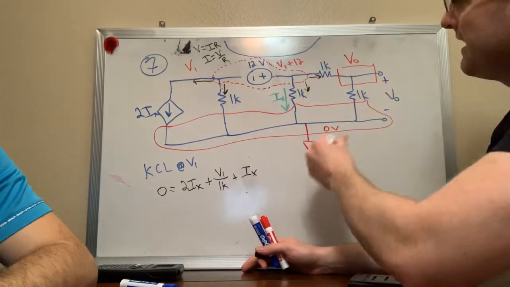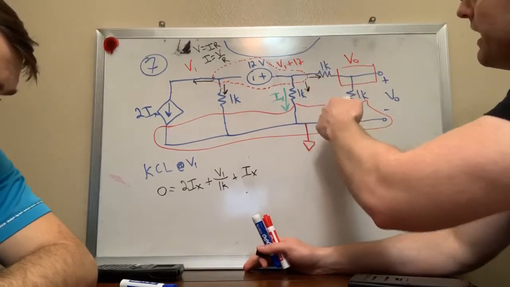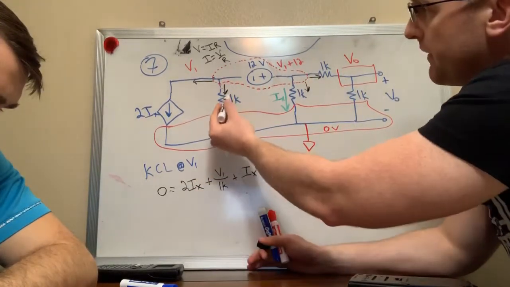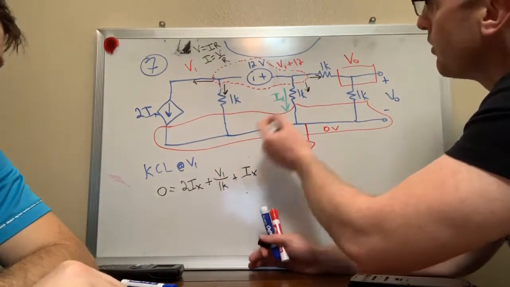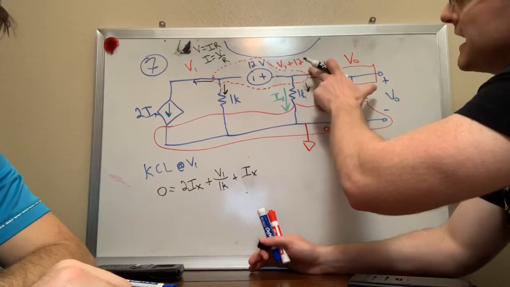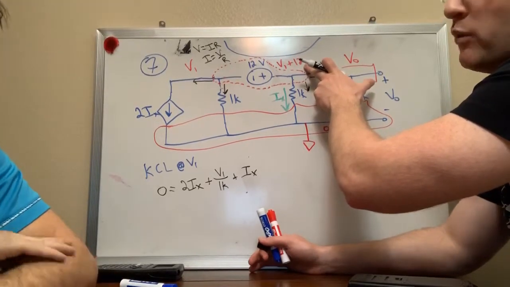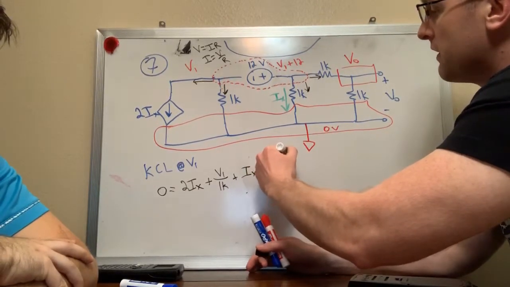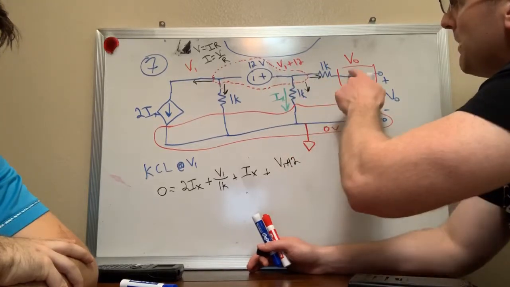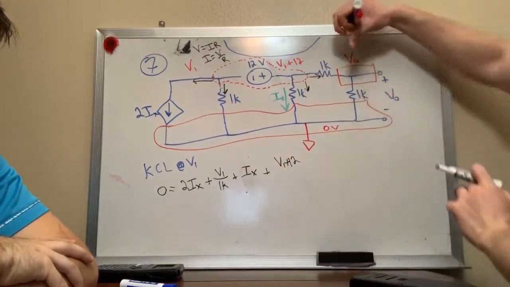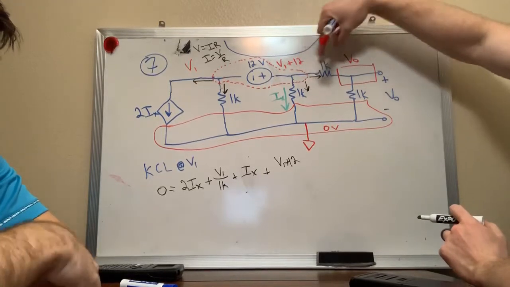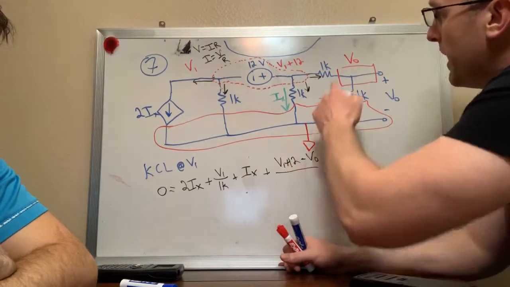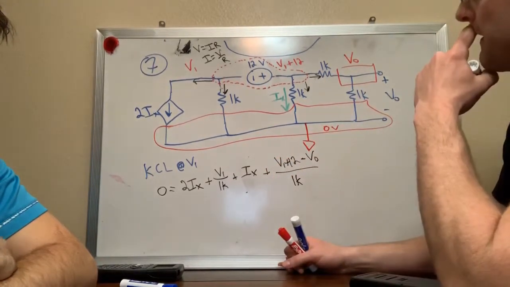And then the current going right, we can give it an I name, but like over here where we put currents in terms of voltages, like V1 over 1K, the voltage right here, instead of being V1, we already determined it's V1 plus 12, right? So that's the voltage right there on this piece of copper. Minus, so we're asking ourselves, what's the voltage drop across this resistor right here? What's V1 plus 12 minus Vout, right? Divided by 1K gives us our current, okay?